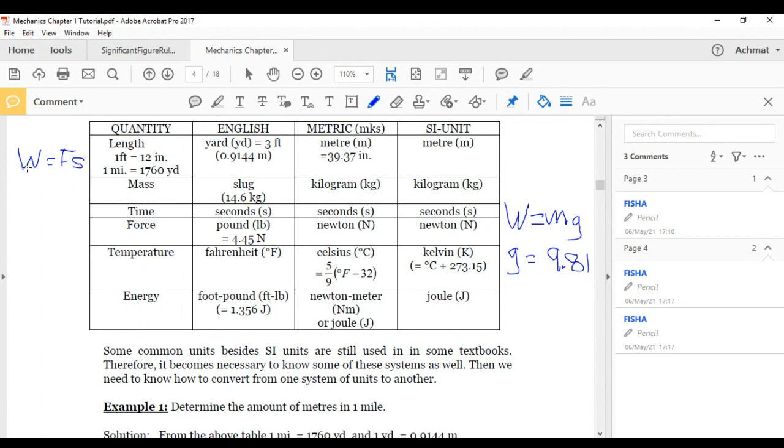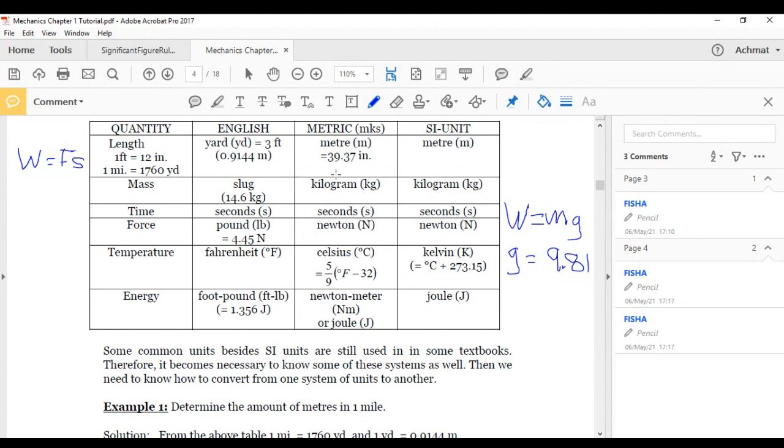So energy or work done is Newton meters. Can you see here? Foot pound. Same thing, according to the same definition. That will be your foot for length, and that will be pound for force. So it will be a foot pound or a Newton meter.